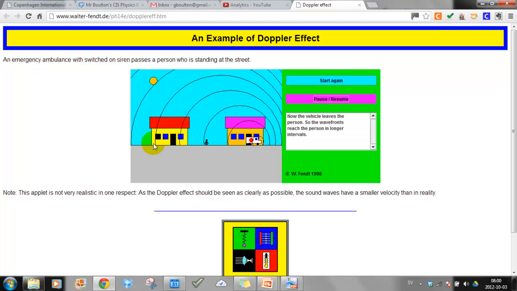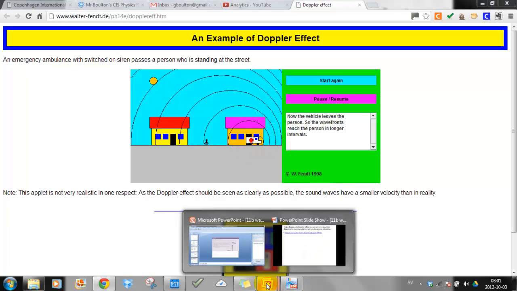So effectively, on approach, they hear a high frequency because the wavefronts are bunched up. The apparent wavelength gets shorter. And then when the source recedes, the frequency goes down, and the wavefronts get much more spaced apart. So that's basically what we need to look at.